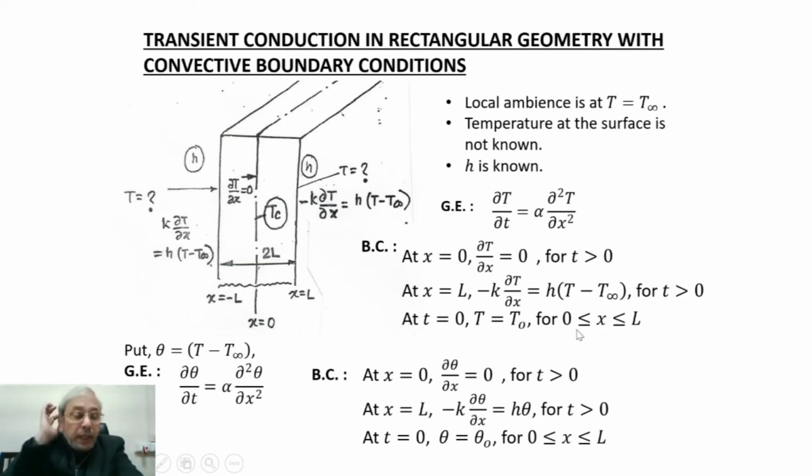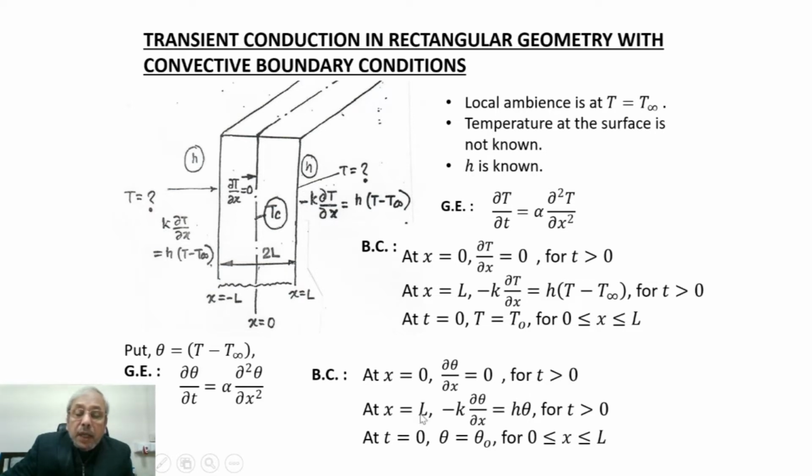Now we substitute theta as T minus T infinity. Then the equation can be written as ∂θ/∂t equals alpha ∂²θ/∂x². And the boundary conditions now become: at x equal to 0, ∂θ/∂x equals 0 for time greater than 0.